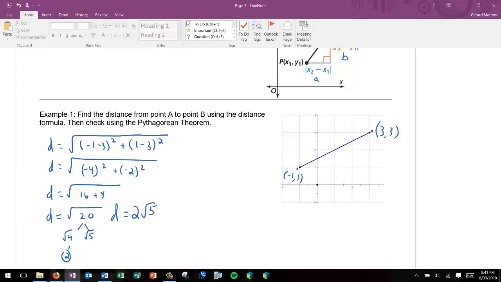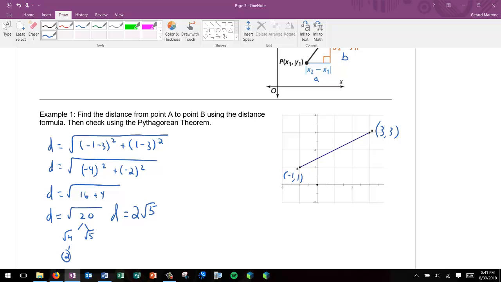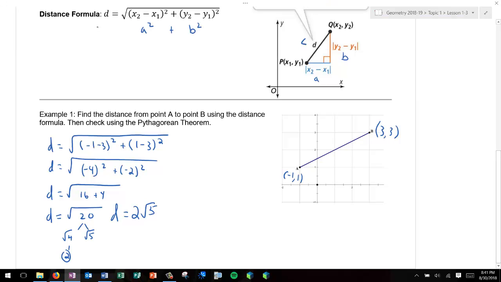Now, if we change colors quick, and we do the Pythagorean theorem, that requires that I make a right triangle here. So I'm going to make my right triangle, and it appears that this has a distance of 4, and this has a distance of 2. So if I'm using Pythagorean theorem, I would have 4 squared plus 2 squared equals x squared.